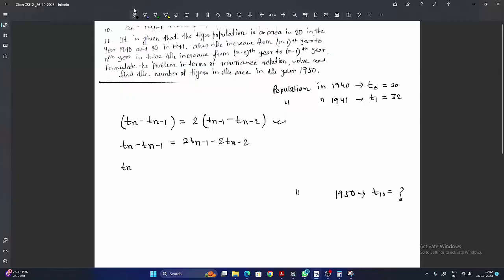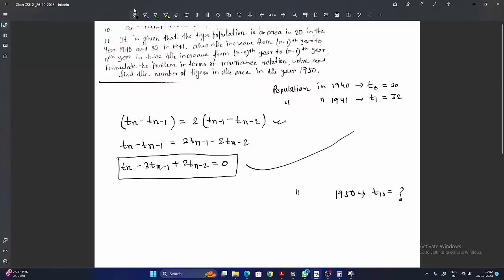So it will be Tn minus 3 T of n minus 1 plus 2 T of n minus 2 is equal to 0. That is the recurrence relation, and these are the initial conditions.